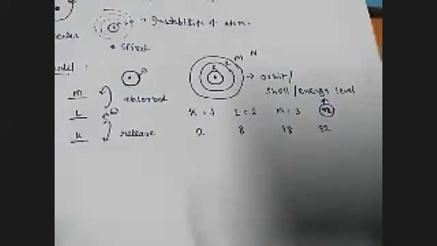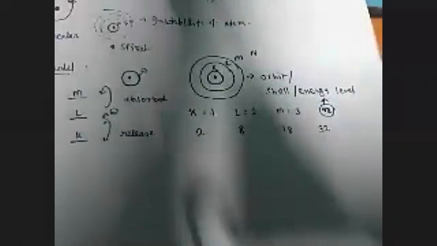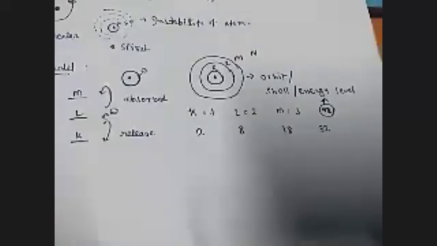An atom consists of a small, heavy, positively charged nucleus in the center surrounded by electrons. The electrons in an atom revolve around the nucleus only in certain selected circular paths, which are called energy levels or shells or orbits. Full stop.